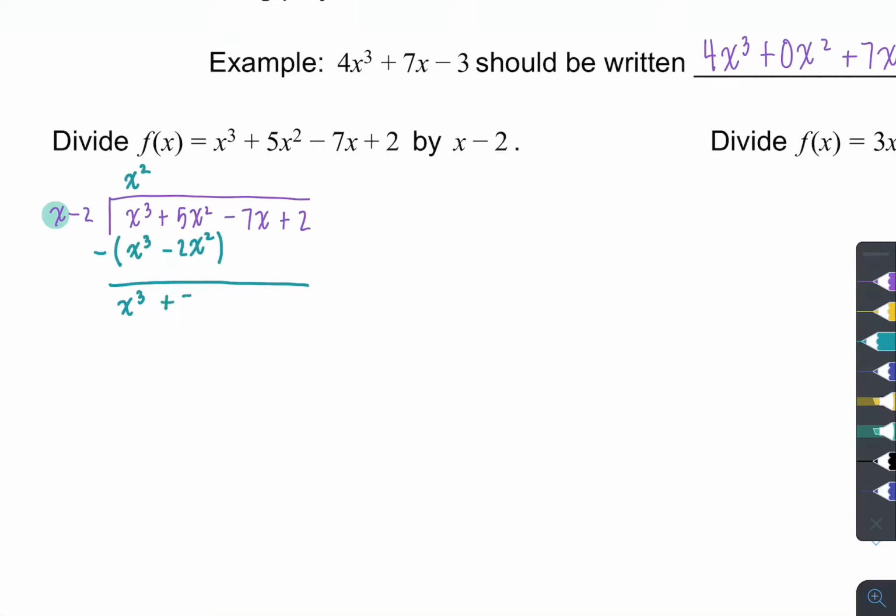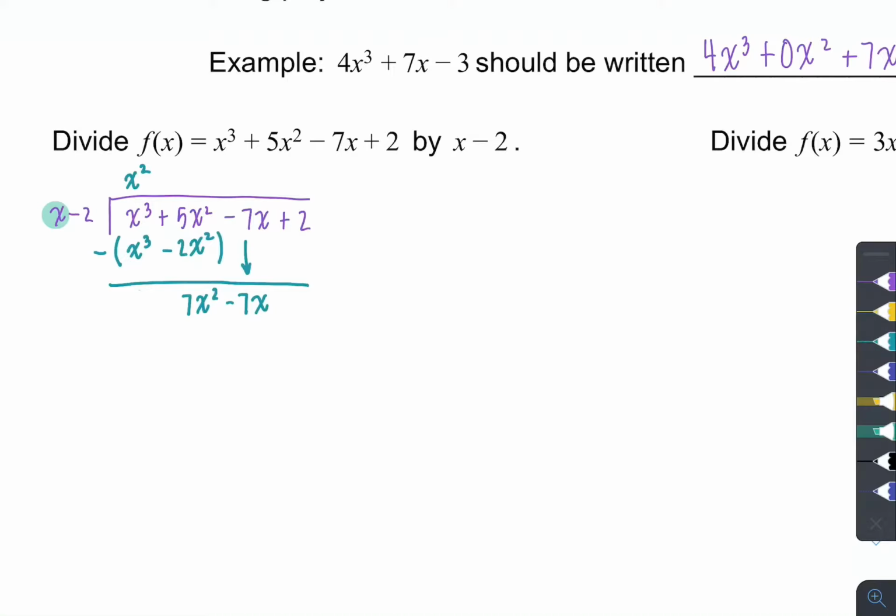So 5 plus 2 is plus 7x squared. So make sure you're paying attention to that. And then we drop down. Oh, I made a mistake here. This should be 0 right here. Okay. So then we drop down our minus 7x.